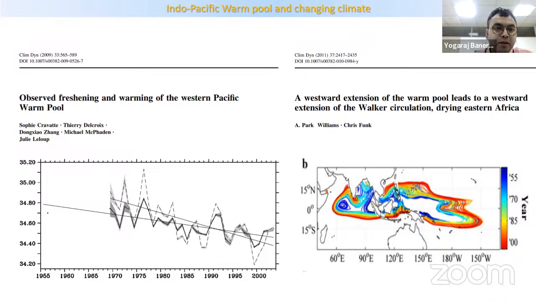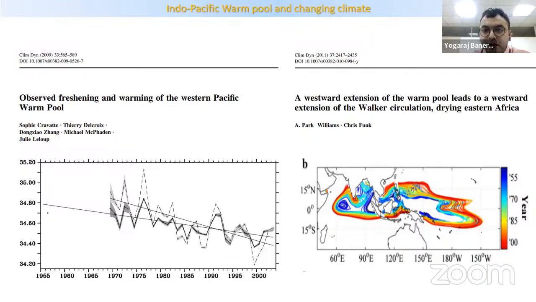For example, the paper by Crevate et al. 2009 showed that from 1970 to 2020, even after 2000, over the last 5 decades, there is a continuous freshening happening at the Whirlpool region.